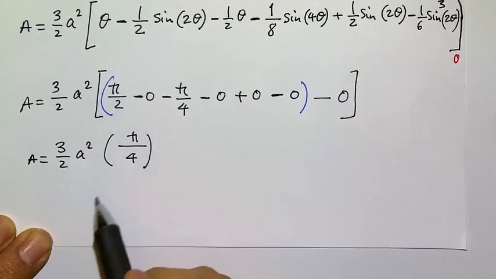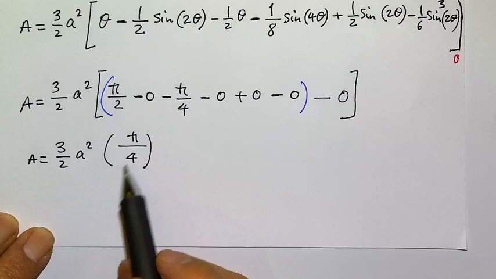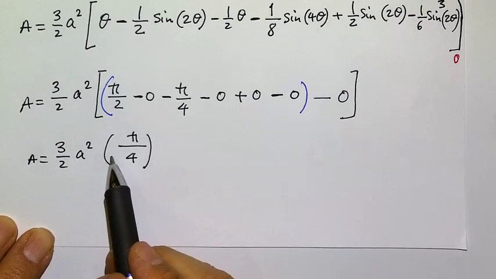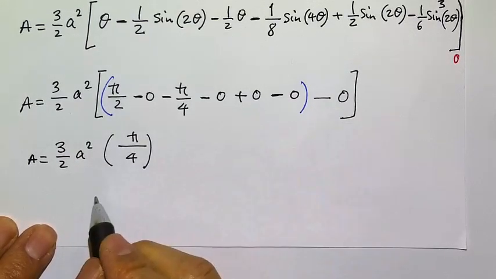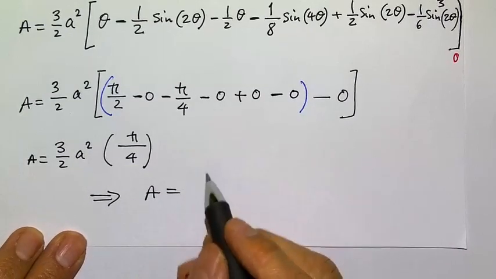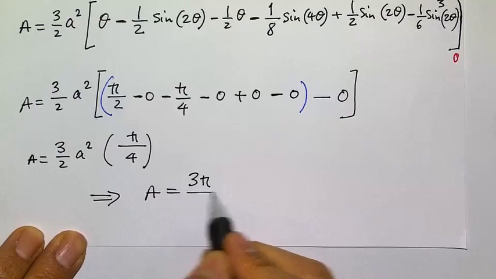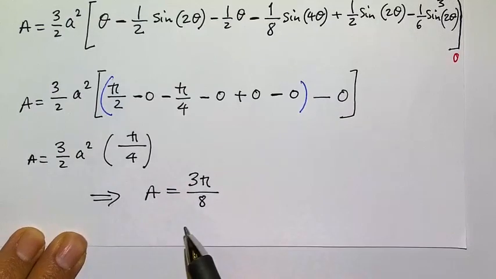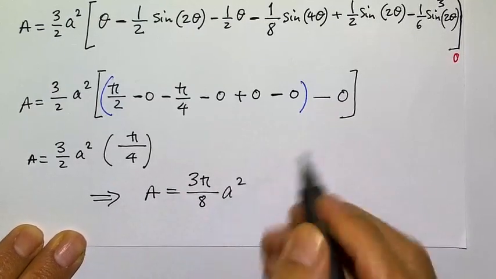And then, of course, we can multiply these things. What do we get? We get 3 pi over 8 a squared. So 3 pi over 8 a squared here.